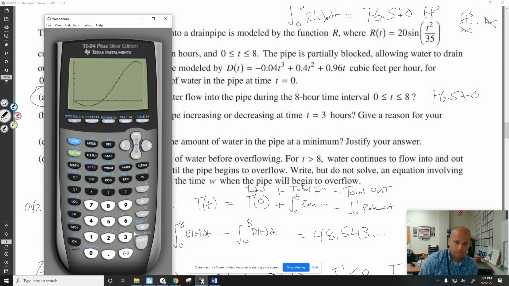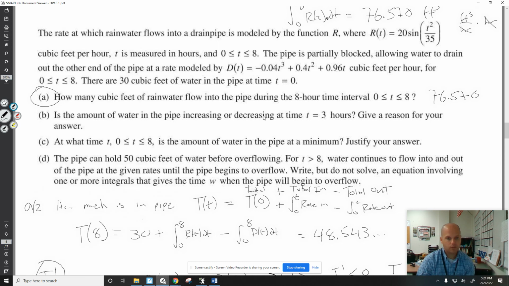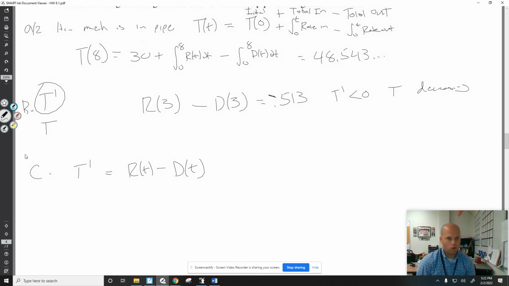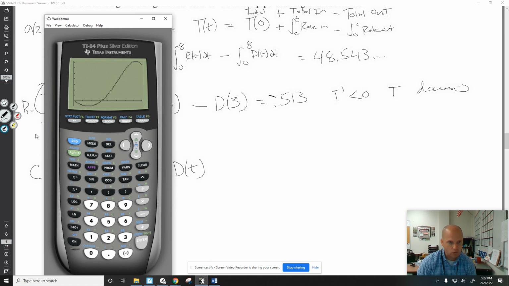Honestly, that would have fit negative 10 to 10. But it's beautiful. Okay. Now, what's this show? T prime. That's x prime. That's v. That's what we're used to seeing, what we're used to looking at the graph of.